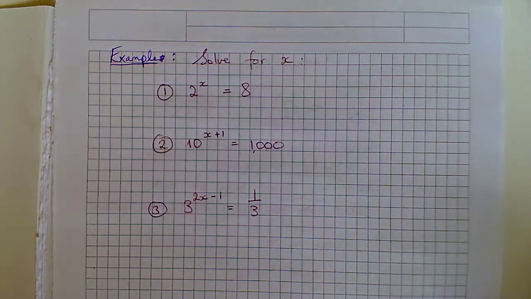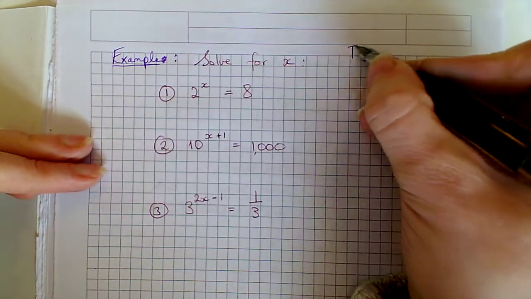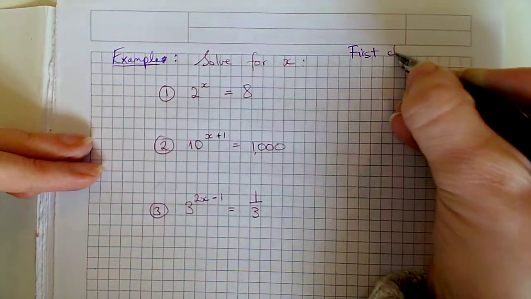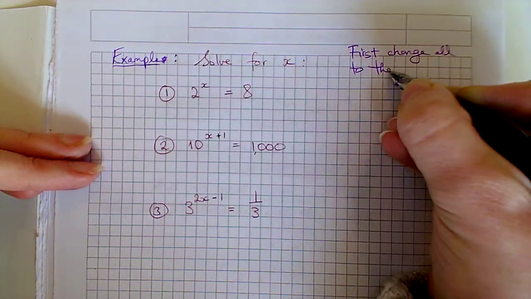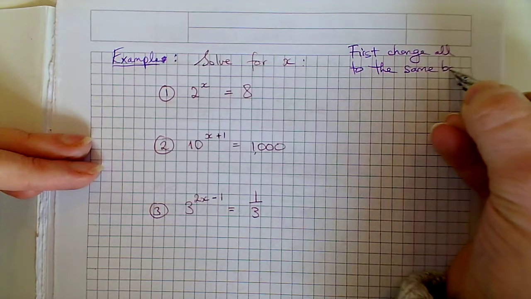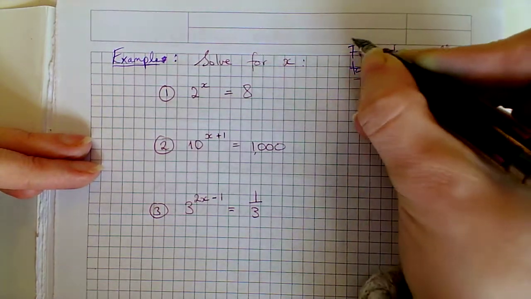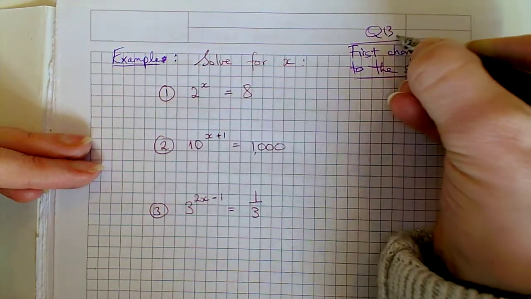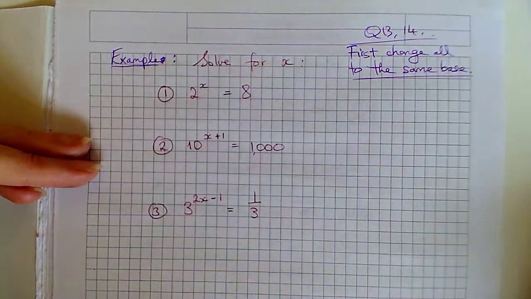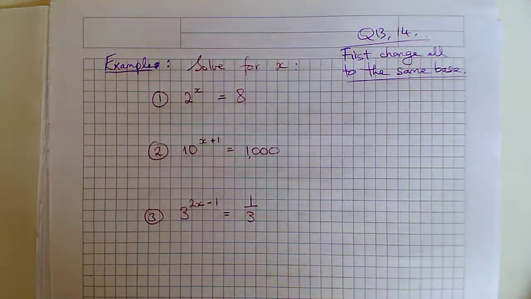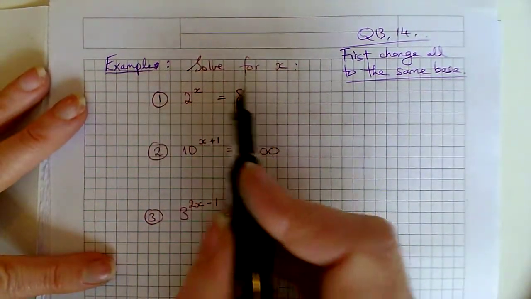So the first thing I have to do is change them all to the same base. And this is just like questions 13 and 14 from your homework last night. So that's why I was saying that these were really important. So in the first one, I want them both to be to the same base.